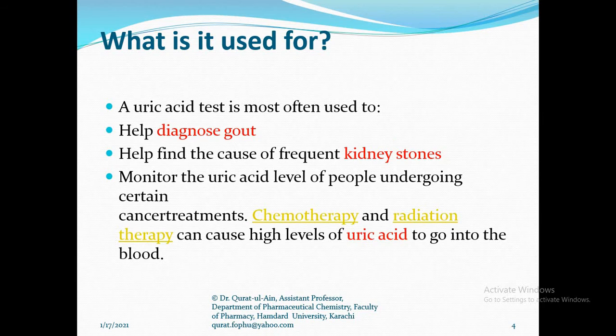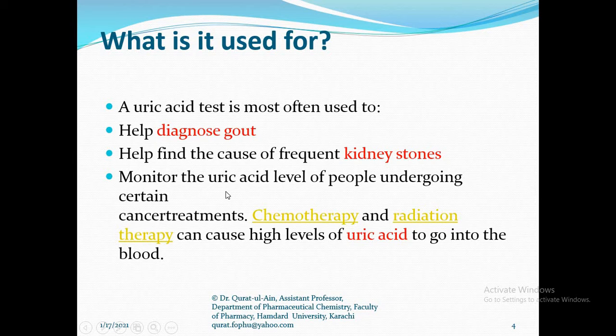Just remember that uric acid is a metabolic product of DNA nucleotides having a purine base. When they are metabolized, they generate uric acid in your body.